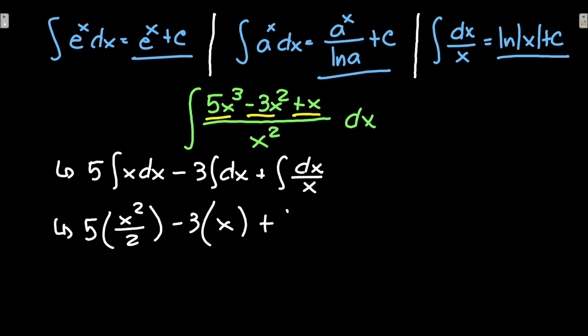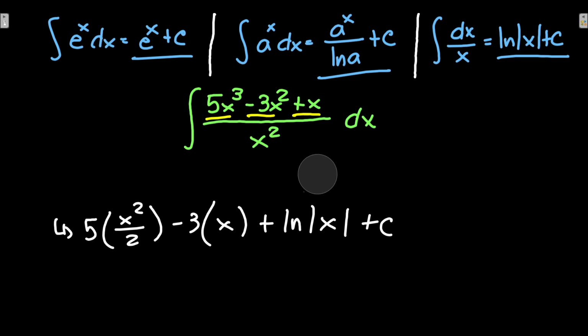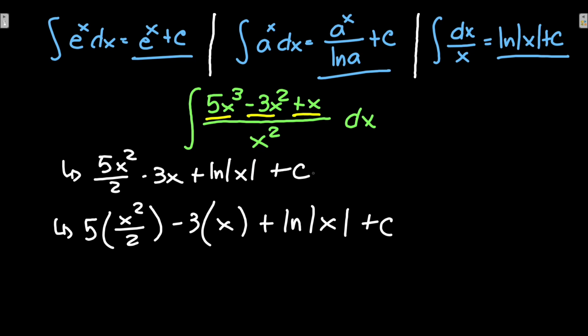So this would be natural log of absolute value of x plus c. And so your final answer would be 5x squared over 2 minus 3x plus natural log of absolute value of x plus c.